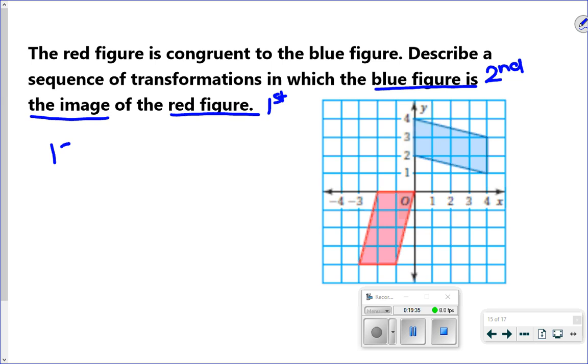Now you have to be very specific about it. So 180 degrees, it doesn't really matter clockwise or counterclockwise for 180 degrees. And then I'm going to say rotation about the origin. You do need to say where it is.